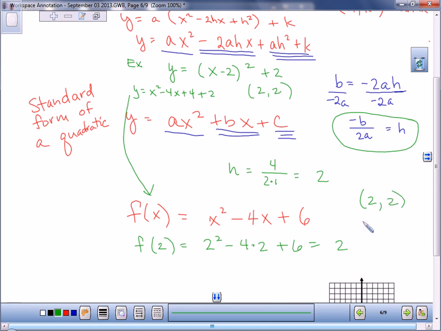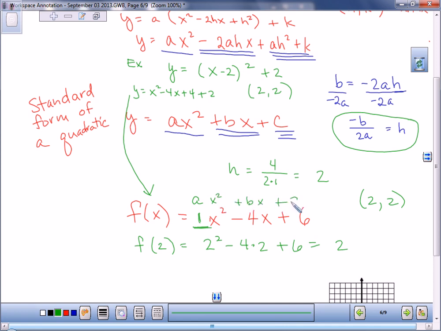I'm confused with the h equals 4 over 2 times 1 equals 2. Okay, what I did here was my a is the coefficient of my squared term. So a is an understood 1. My b is the negative 4.